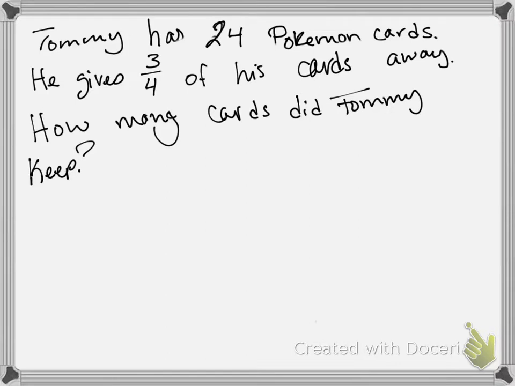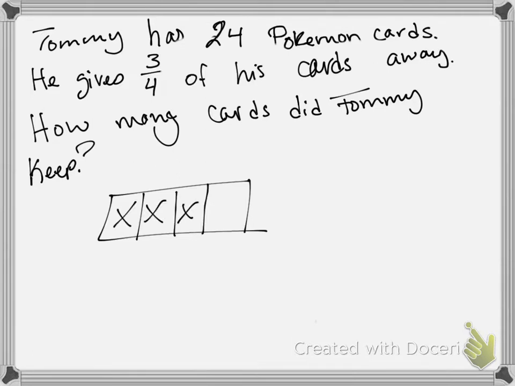Well, let's look at the tape diagram. Tommy gave away 3/4. So he gave away these 3. So he only kept this 1 unit right here. So what is this 1 unit? Now we can easily answer the question by going back to the old one.